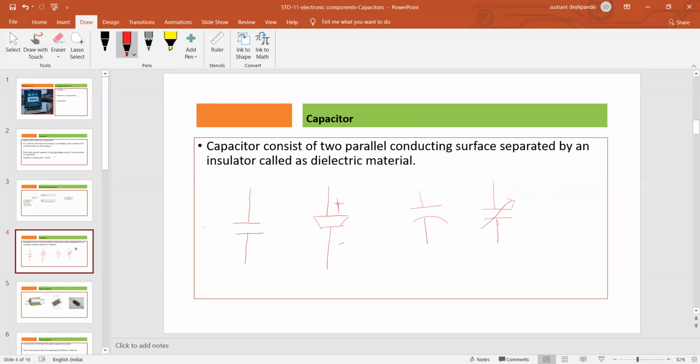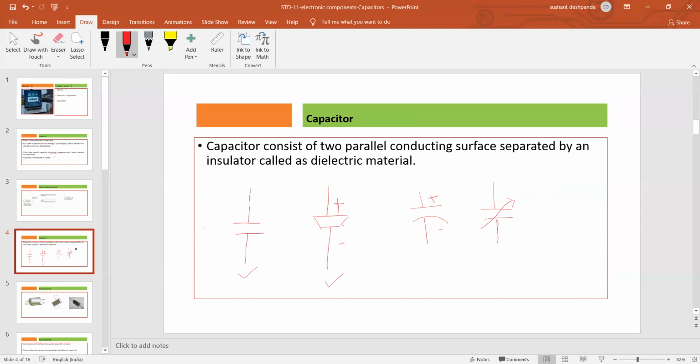There are different symbols used to show the capacitance. This is for non-polar capacitance. This is electrolytic or polar capacitance. This type of symbol is also used to show the capacitor. This is plus, this is minus. It can be with two parallel plates or it can be this one and this curved surface.